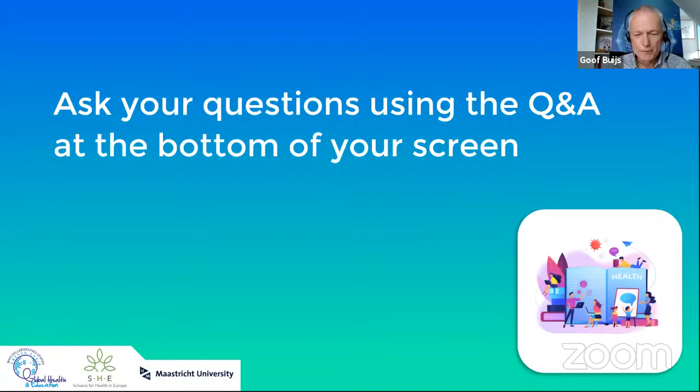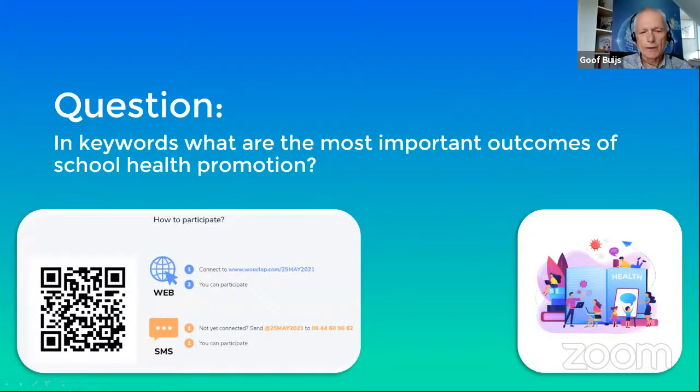The other one is that we also have a tool, an app that we call WooClap. On the next slide, you can see how you can log in to this link. It's also in the chat, or will be in the chat, the link to the WooClap.